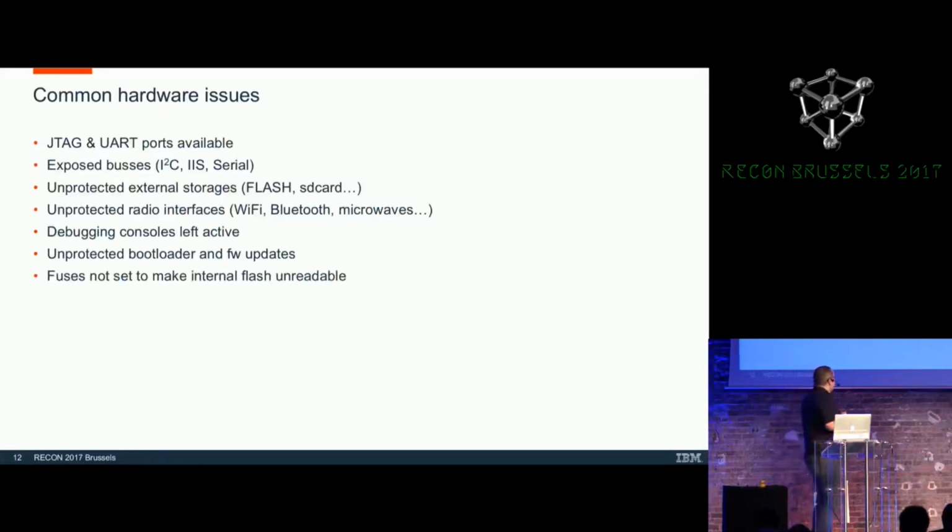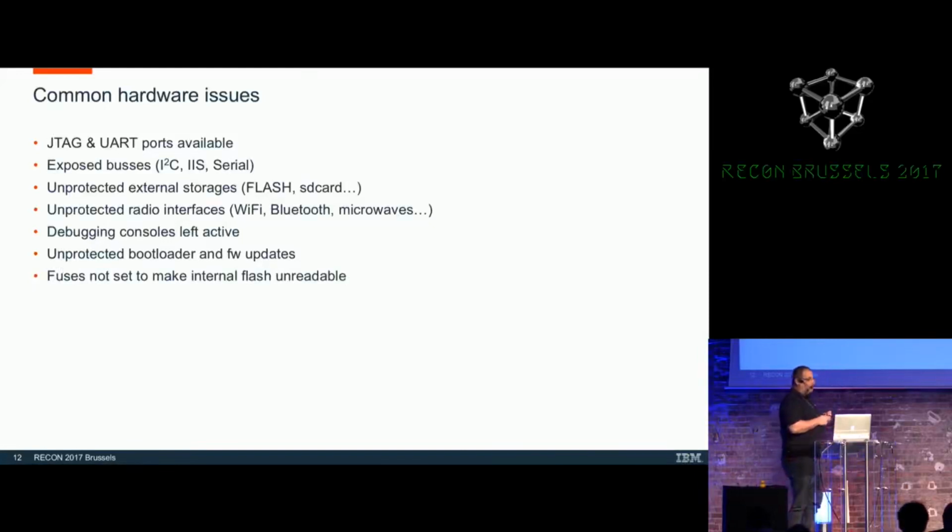Then we have unprotected storage. For example, you will have a device which has internal flash, but it will also have external memory for whatever purpose, for logs, for firmware, for temporary storage, like an SD card. So you can tap into that and collect information. There are also a lot of communication interfaces, mostly radio interfaces, which are used for everything, and we already know they are easy to hack from time to time.